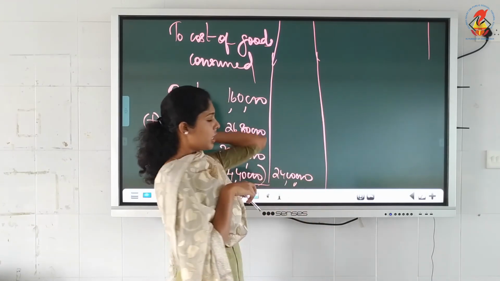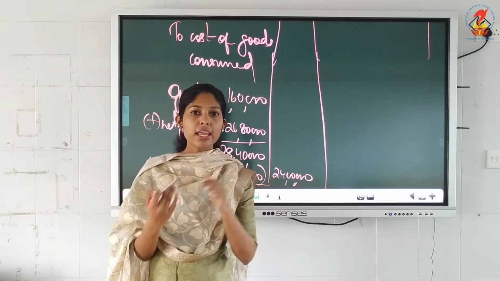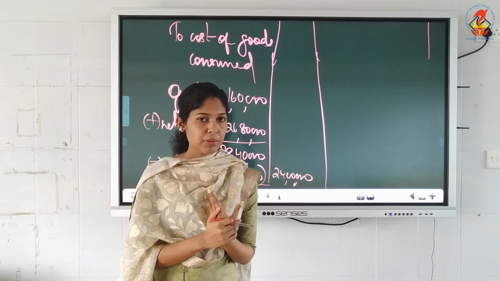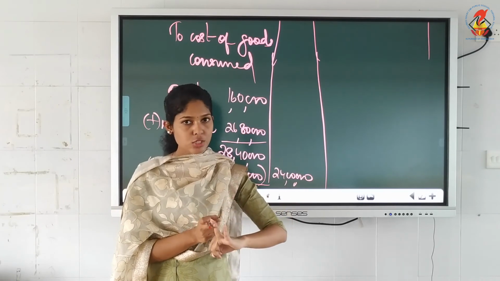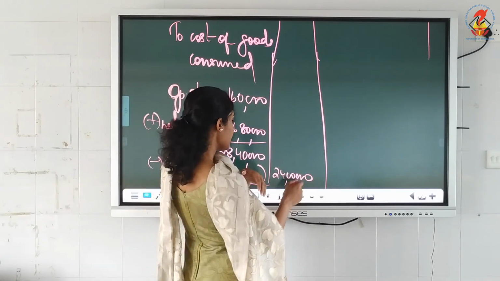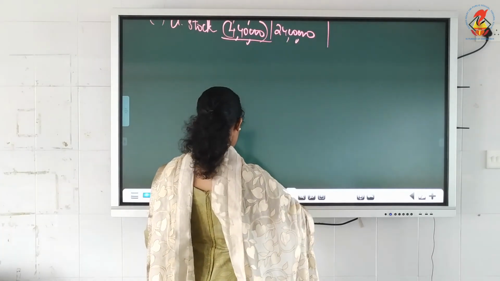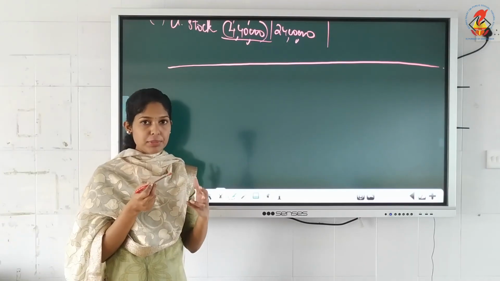It's not over. The question is how the following items are dealt with while preparing the final accounts. Which are the final accounts of an NPO? One is income and expenditure and the other is the balance sheet. So you have to do the balance sheet now. We will do the closing balance sheet because the opening balance sheet is there in the question itself. You do the opening balance sheet usually only if the opening capital fund is missing.